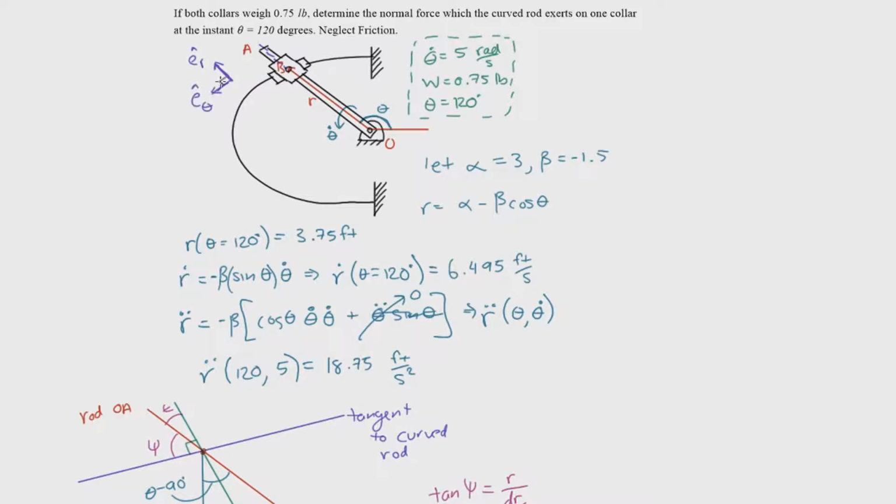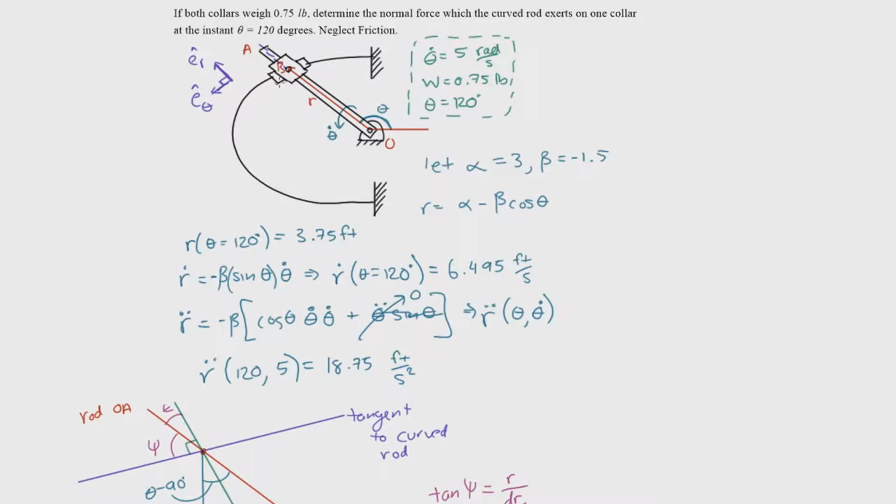And these vectors are perpendicular to each other, but do not confuse E theta with the tangent line of the background collar. So if you drew a tangent line to the curved rod, that direction of the tangent line does not have to be in the direction of E theta. It can be, but we do not know that, so we have to assume that it isn't.